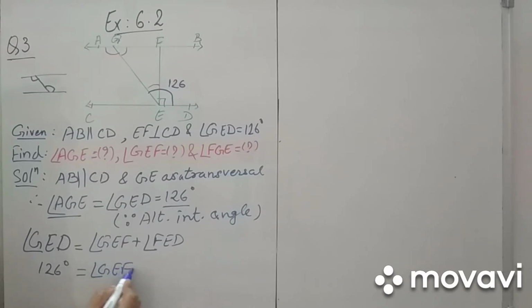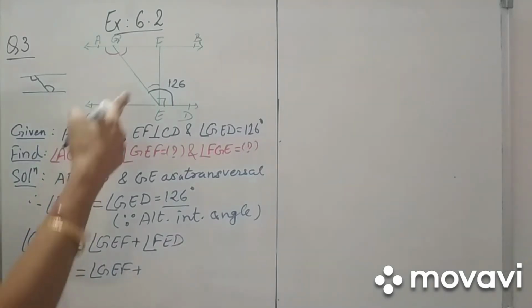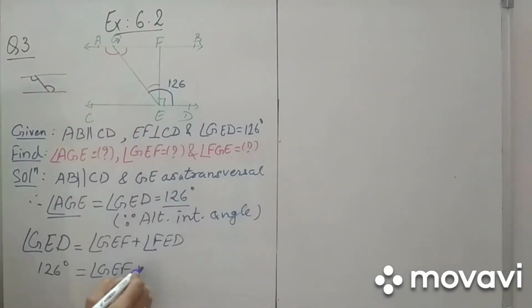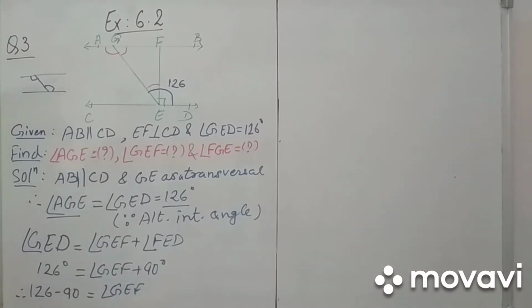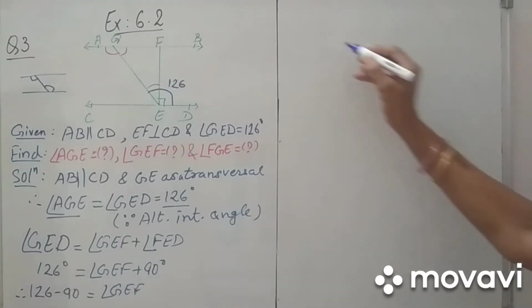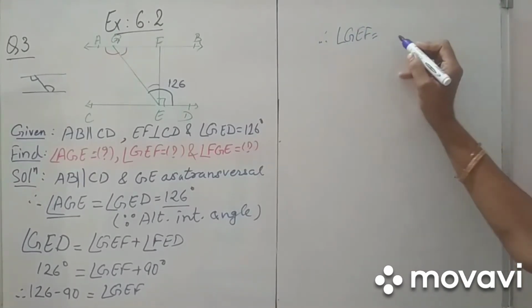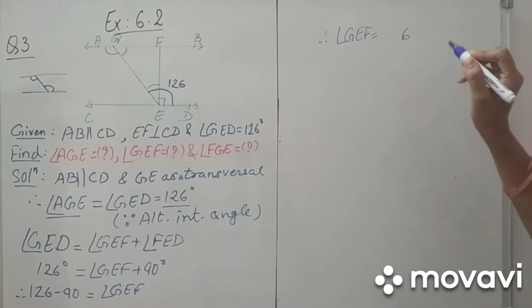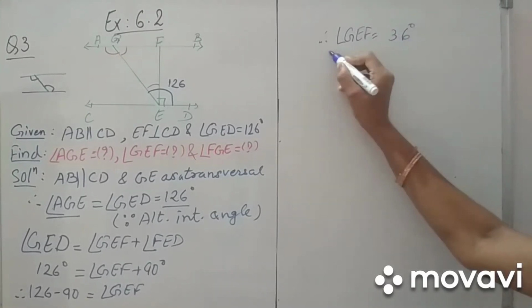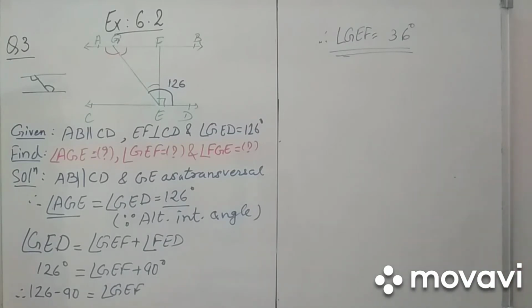Angle GEF plus FED is 90 degrees, because as it is given, it is perpendicular, so it gives you 90 degrees. Therefore, 126 minus 90 is equal to angle GEF. Simplify and write the answer. Therefore, angle GEF is equal to 36 degrees. Second one also we got.